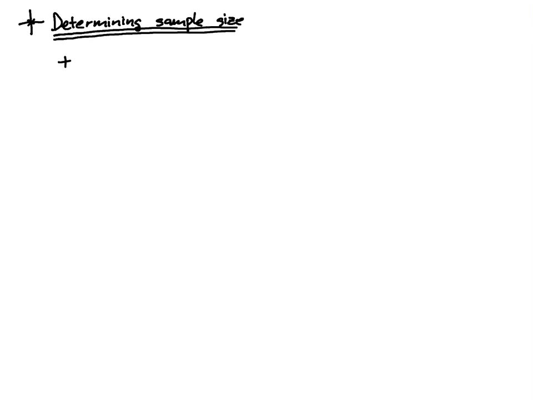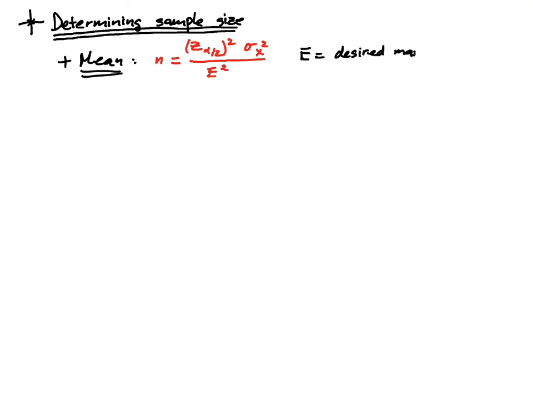When we determine the sample size for the mean, we use the following formula: n equals z sub alpha over 2 squared times sigma x squared divided by e squared, where e is the desired margin of error.